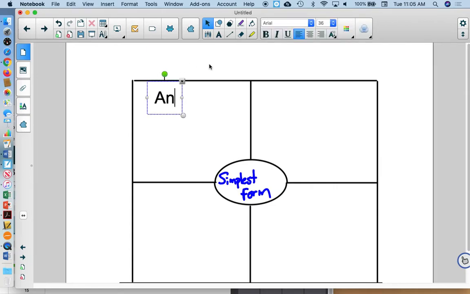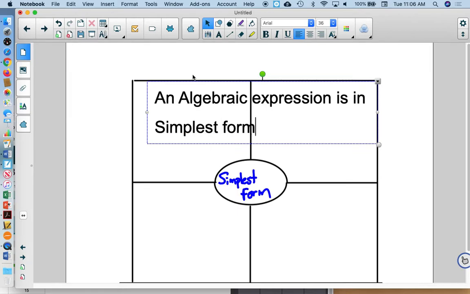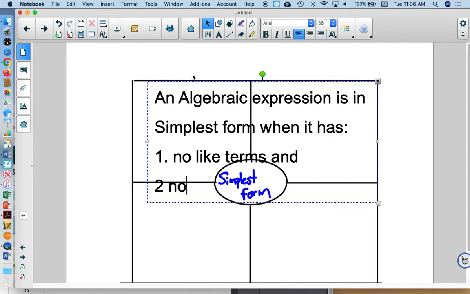And then I can shrink it. Okay, now let me shrink it.